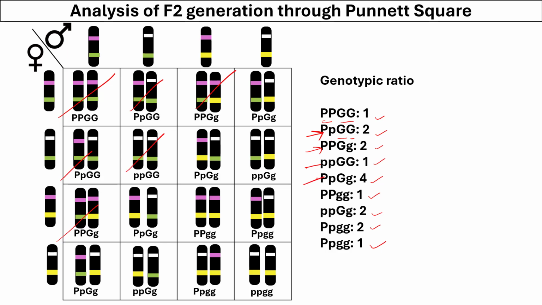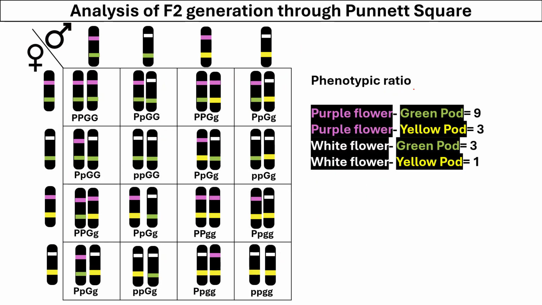This one are 4. 1, 2, 3, 4. This one is 1 time. This one is 2 times. This one is again 2 times. This one is 1 time. So you see that if you keep going diagonally, it's easier to count. So this is your genotypic ratio and this was your phenotypic ratio.